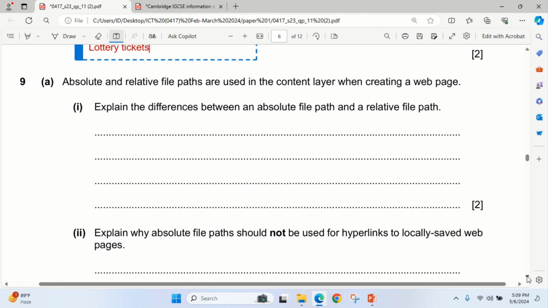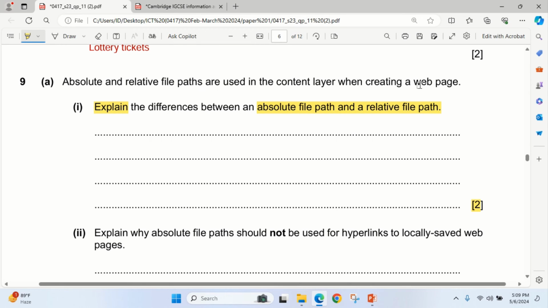Then the next one is question 9. Absolute and relative file paths are used in the content layer when creating a web page. Explain the differences between an absolute file path and a relative file path. The mark allotted to it is 2. So don't forget, they are used in the content layer when creating a web page.